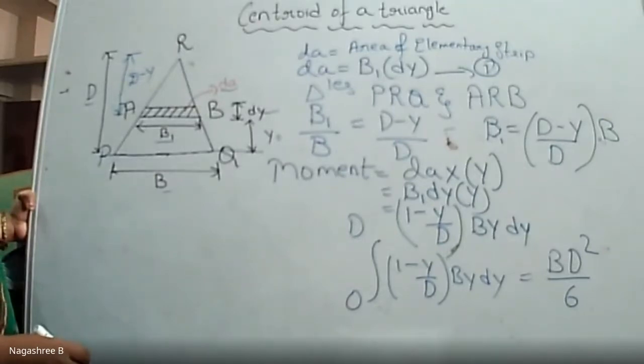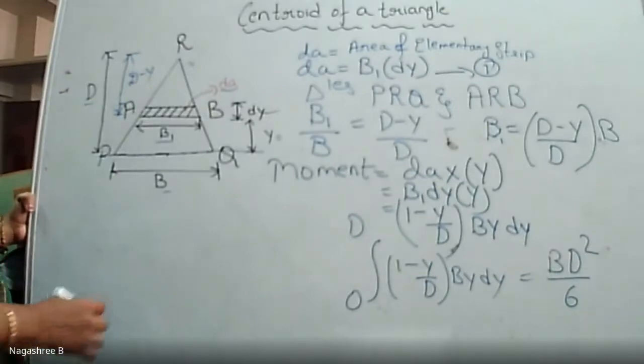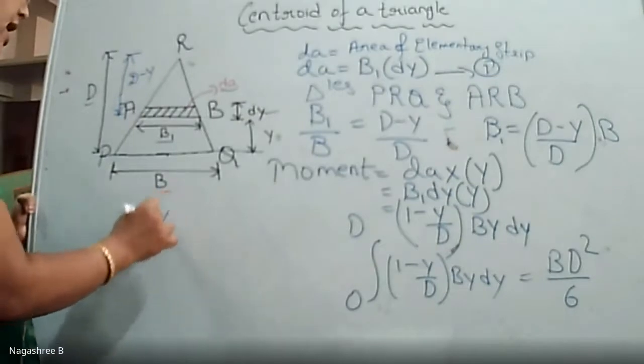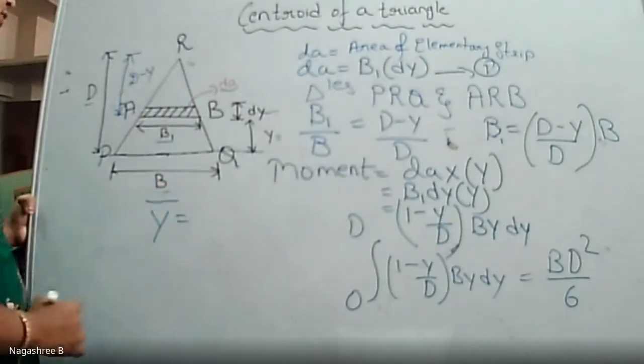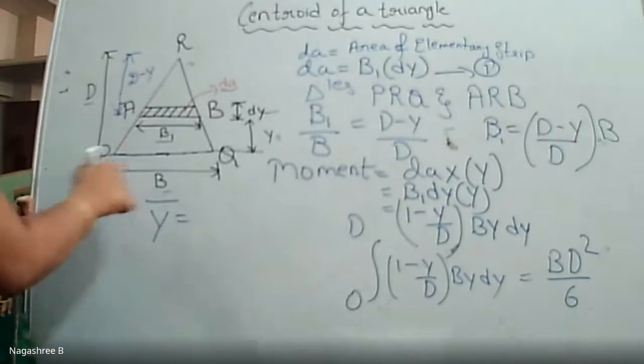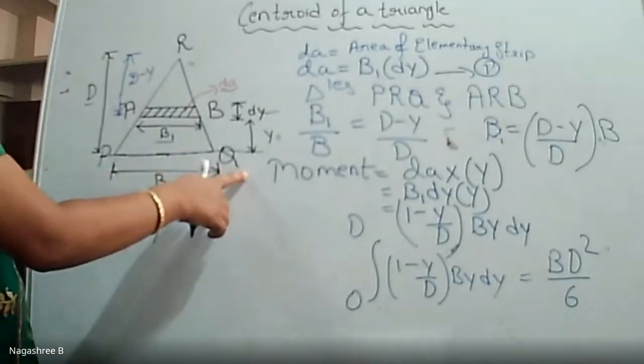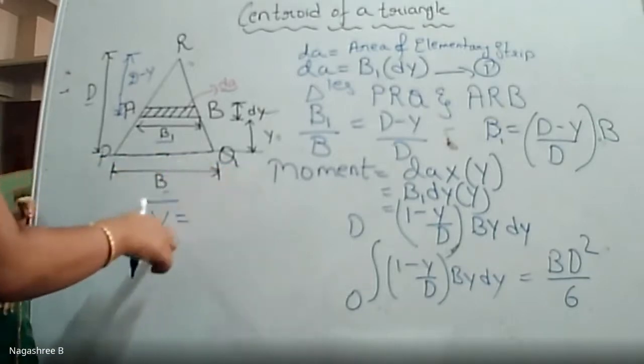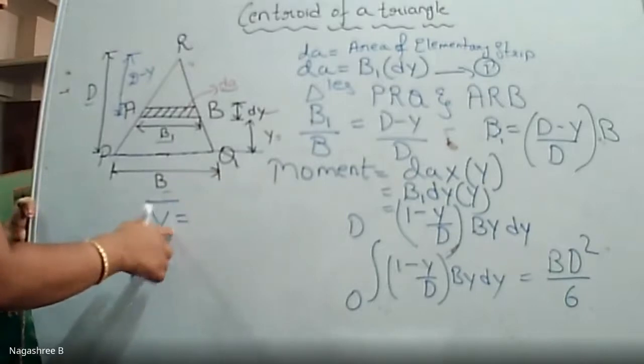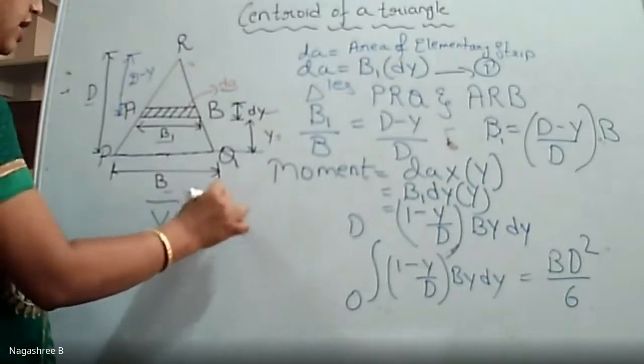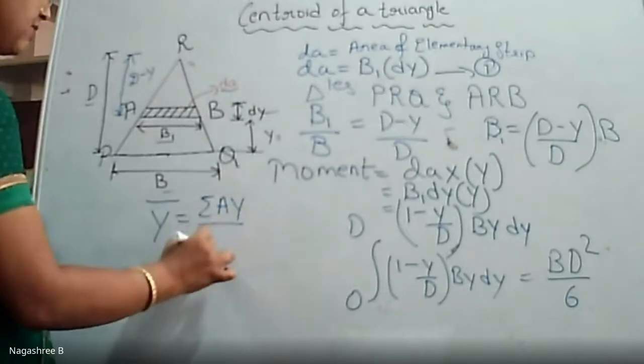Now, if I want to find the centroidal distance, in order to find the vertical centroidal distance I need to consider the horizontal axis as my reference axis. Therefore, y bar will be the centroidal distance, which is sigma ay divided by sigma a.